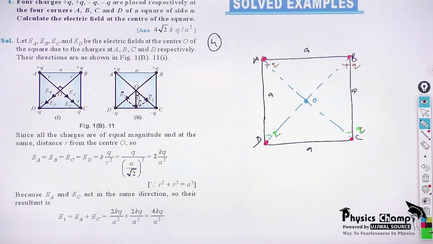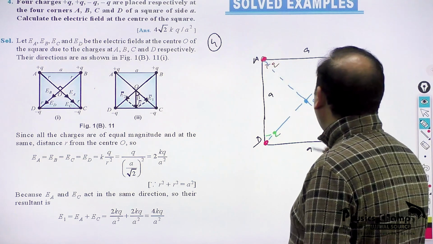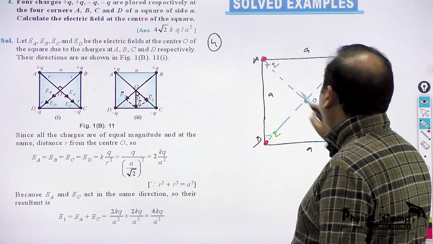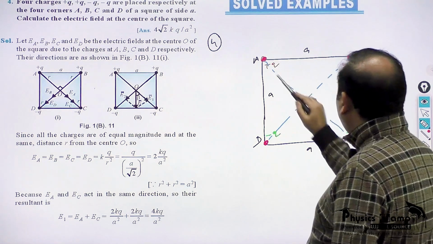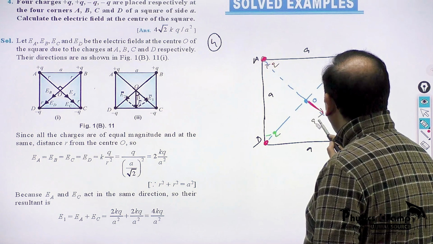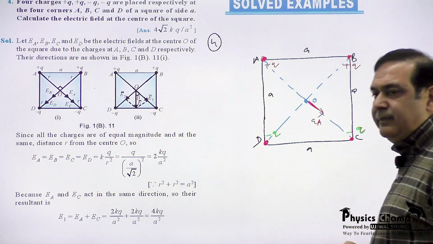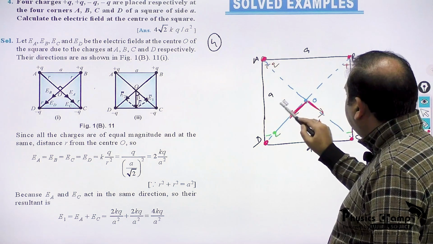So when we are looking at O, if each side is A, this is A root 2, this is A root 2. At O, we will be getting one electric field due to A, EA. And there is one electric field due to B, which is EB.